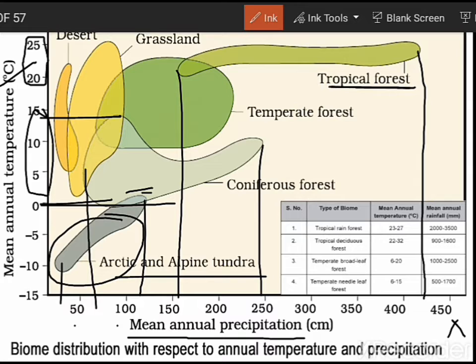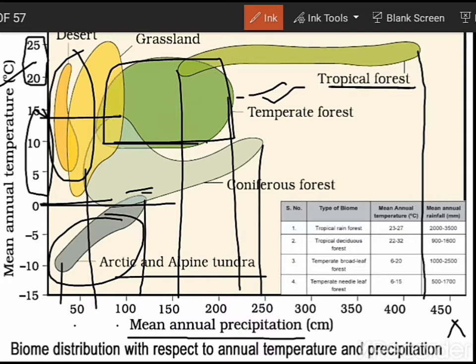On the other hand, in the case of desert, we can see that the rainfall is very less. On the other hand, the temperature is maximum, nearly in the range of 20 to 25. Now, the temperate forest is having lesser rainfall as compared to the coniferous forest, but it is having higher temperature as compared to the coniferous forest.